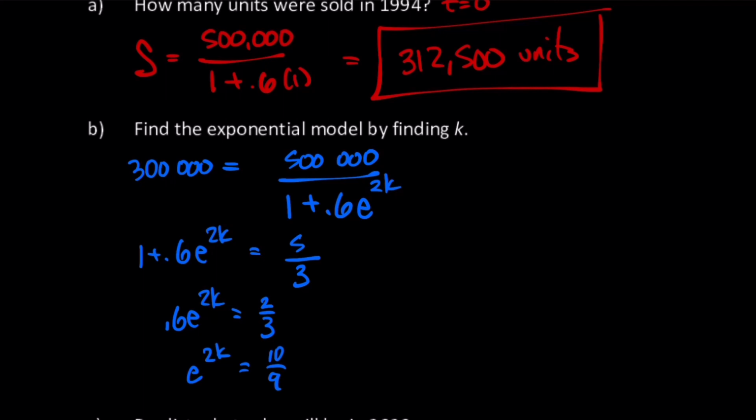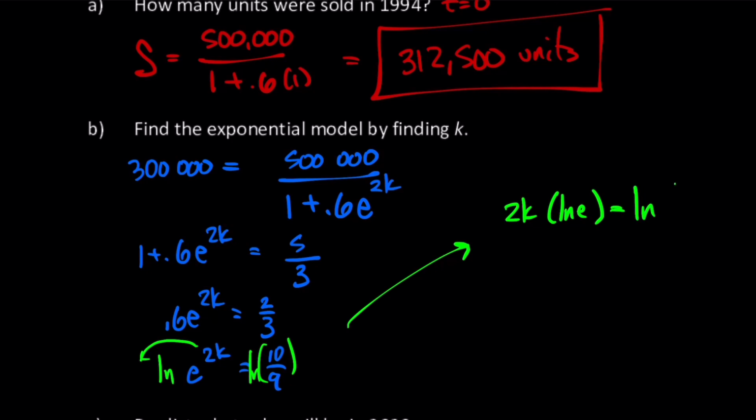Unfortunately, there's no other way to solve this other than to use natural logs. This is just a little preview of what you can expect next unit. To solve for an exponent, we have to take the natural log of both sides. And if you remember, the exponent comes out front. So I've got 2k times natural log of e equals natural log of 10/9. The beauty of this is the natural log of e is just 1.